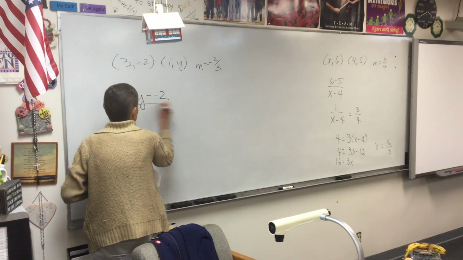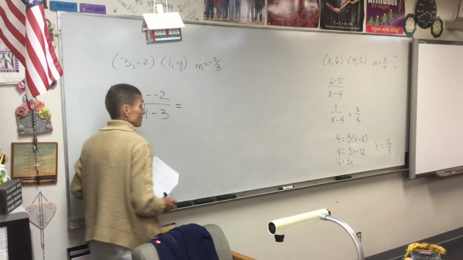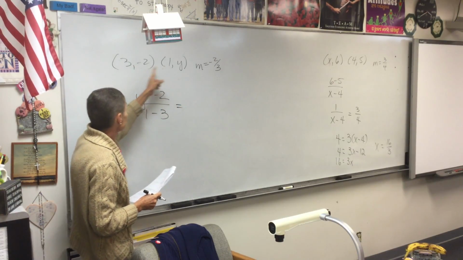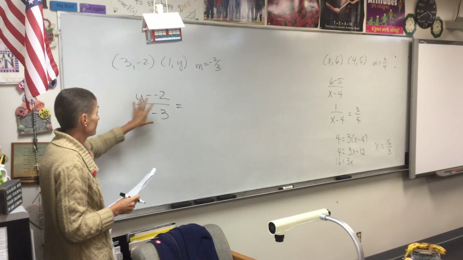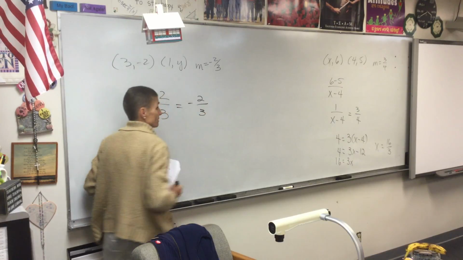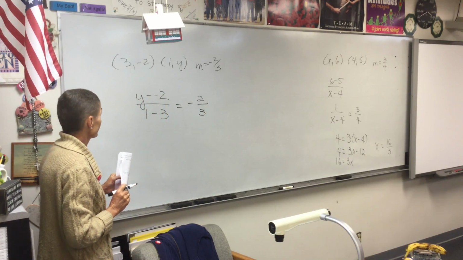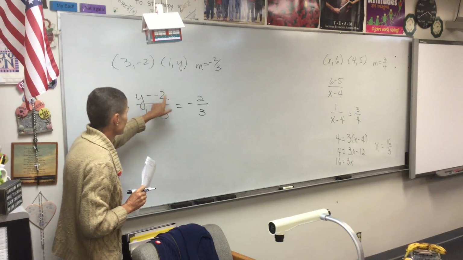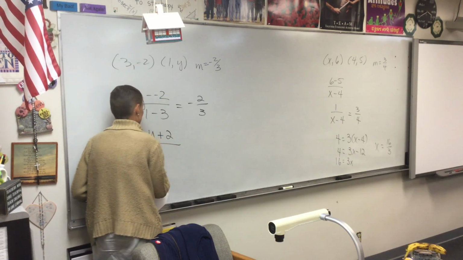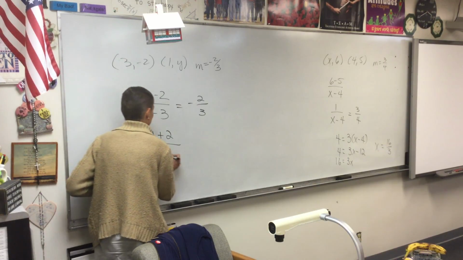Y minus -2 over 1 minus 3. Very, very good. That's your slope. Y minus y over x minus x. Perfect. And the slope has to equal -2/3 in this case. Now what's y minus -2? Y plus 2. What's 1 minus 3? -2.